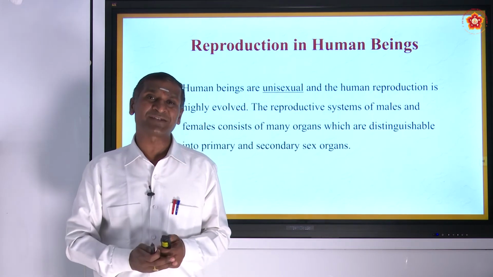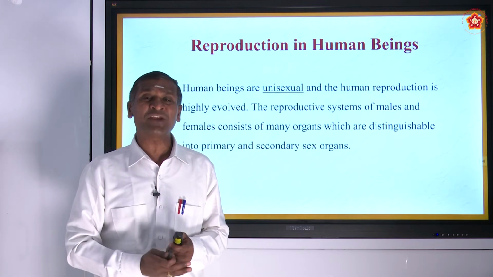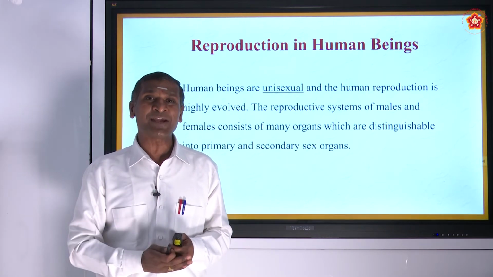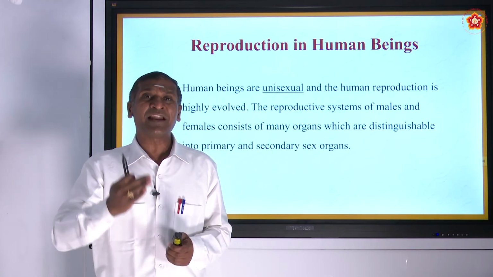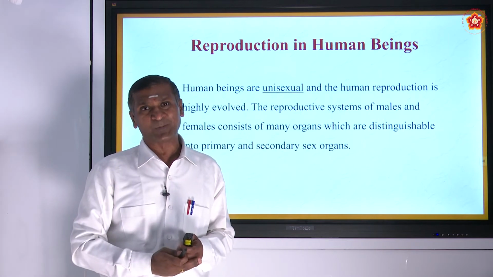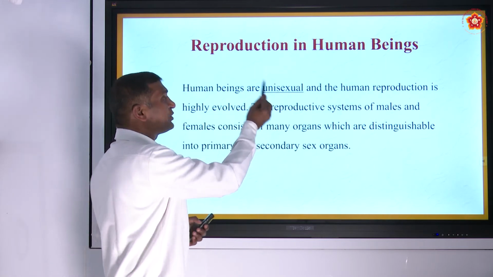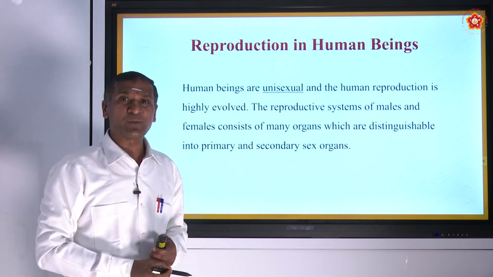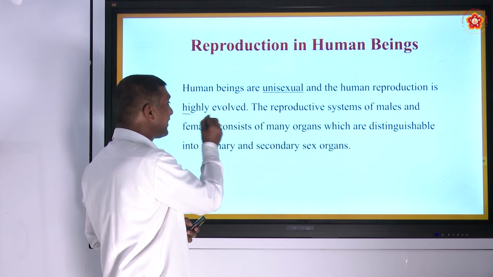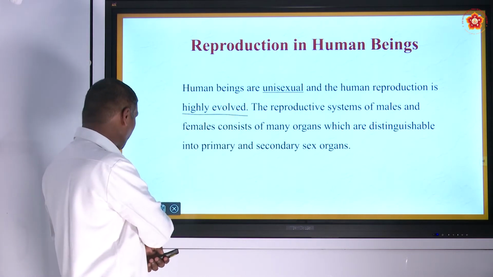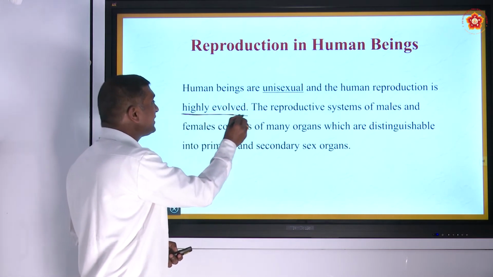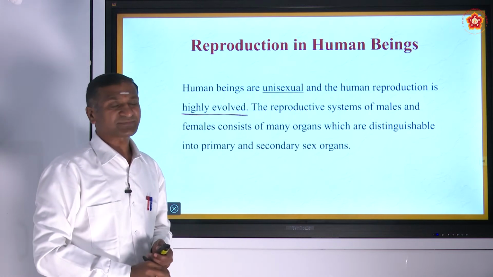Sexes are separate. Male differs from female in physical appearance, and in their life activities also. So human beings are unisexual, and the human reproduction is highly evolved.